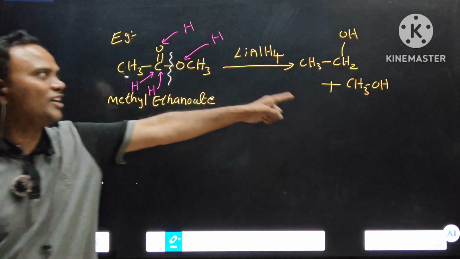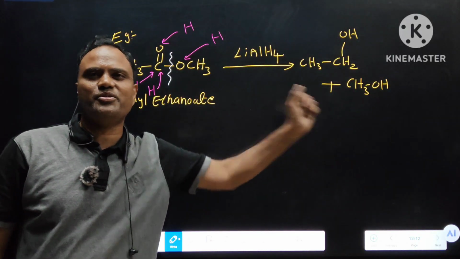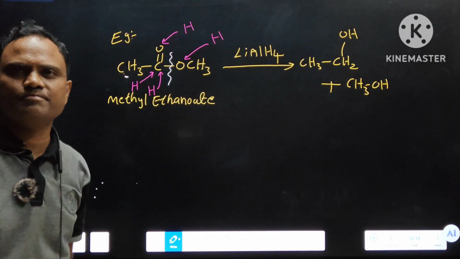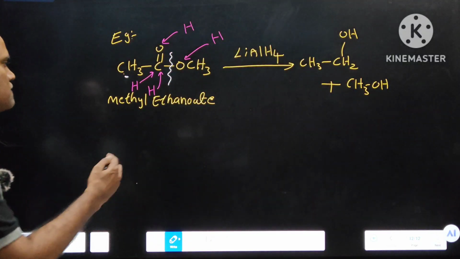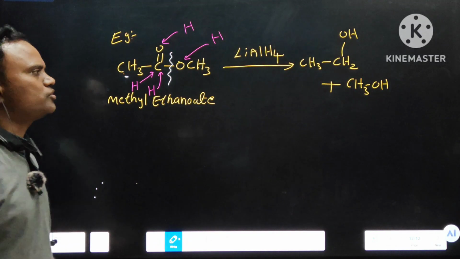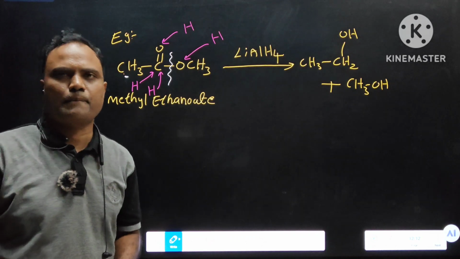So you are getting ethanol and methanol, 2 alcohols are produced. Clear everybody? Methyl ethanoate produces 2 types of alcohols.